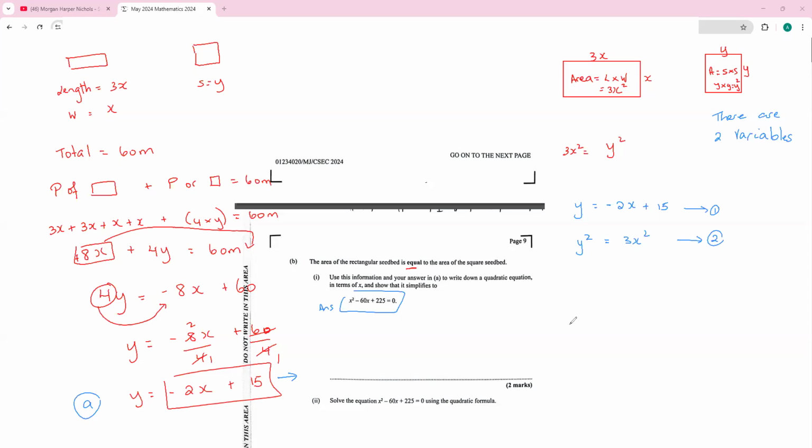In substituting, remember substitution is that you're replacing one thing with another. So if I know that y is equal to this, so what this is telling me is that y is negative 2x plus 15.